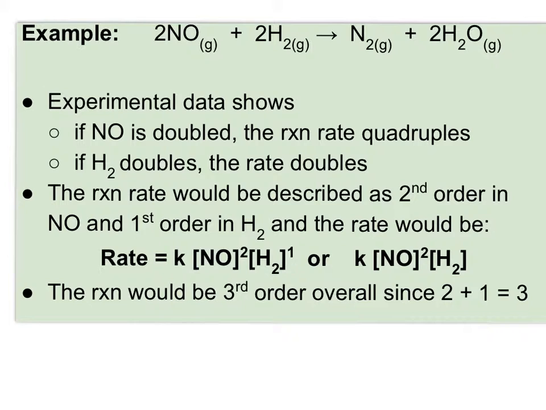So my rate would be written as k, or my specific rate constant, times the concentration of NO squared times the concentration of H2 to the first, or I could just write it k concentration NO squared times the concentration of H2. My overall reaction rate order would be considered third order because I add up my 2 exponents, 2 and 1, and I come up with third order overall.